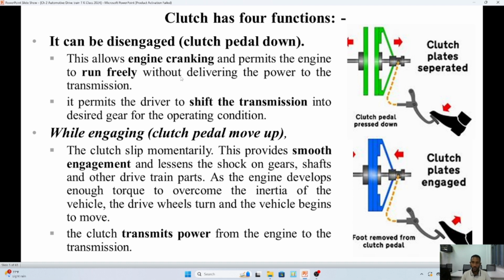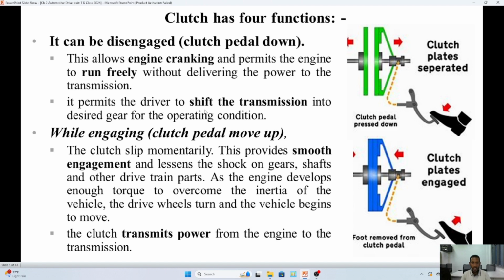So it allows smooth and free engine cranking, which, as I described in the previous video, reduces the resistance on the starter motor. Also, it permits the engine to run freely without delivering power to the transmission, even if we select first, second, third, or reverse gear, including all gears of the vehicle.